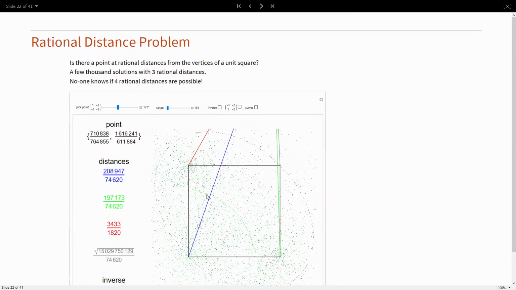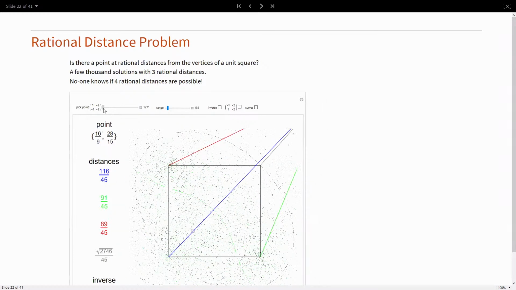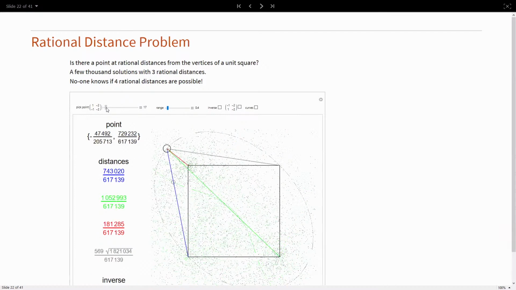For example, the point, well, let's go to a simpler point here. Let's see if I can find a point that's actually, here we go. This point here has 3 rational distances and 1 irrational distance. So far, this is an unsolved problem.